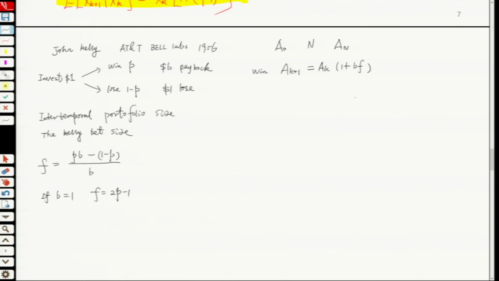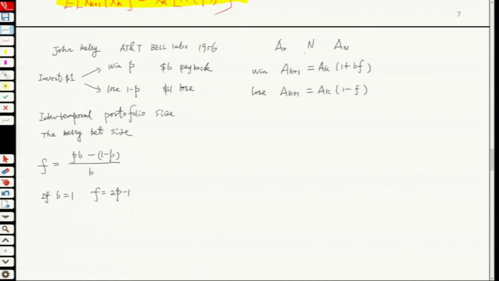So if you win, you get this amount back in the next iteration. What if you lose? A(k+1) equals AK times (1 minus F). Agree? Because you invest AK times F, and you just lose it, keeping AK minus that. Is this clear?